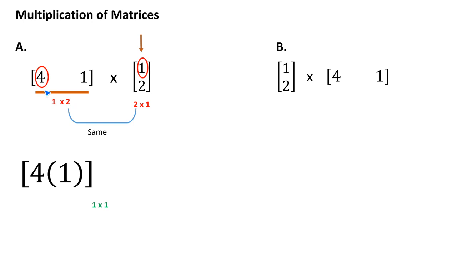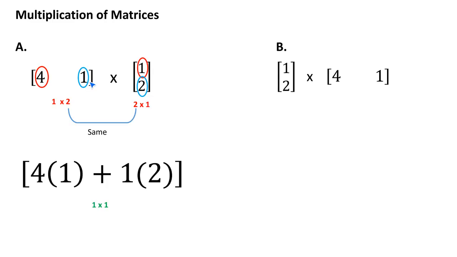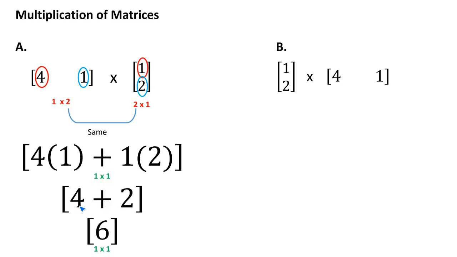So for example, it's going to be 4 times 1, and then we're going to have 1 times 2. The result, add them together. So 4 plus 2 is going to be 6. So this would be your answer. Okay. So now let's look at B.